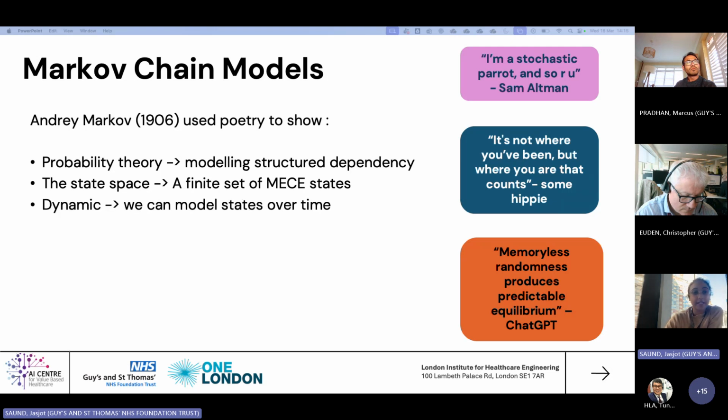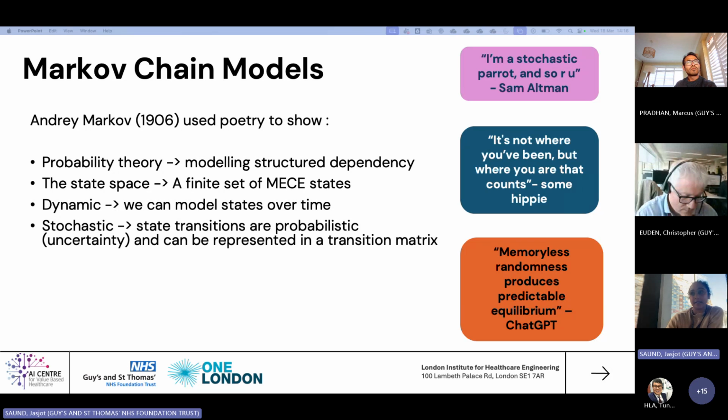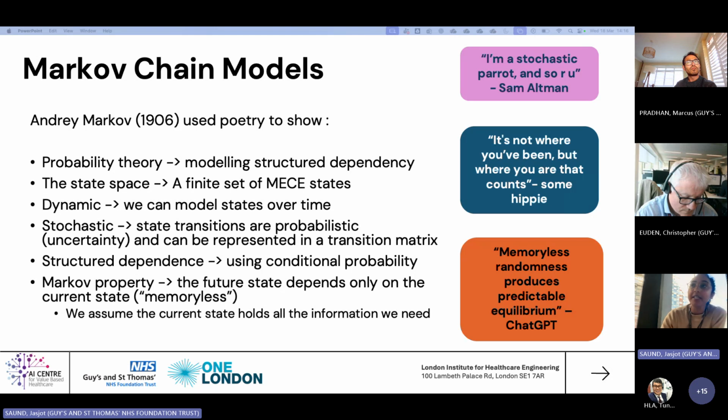But essentially, these are dynamic states as well. They're sequential over time, which means we can model state spaces over a long period of time. And stochastic, so they're based on probabilistic transitions, which can be presented as a transition matrix, which we'll talk about a bit later. I've already talked about structure dependence, but the one key thing about Markov was that it's not that the data is independent.